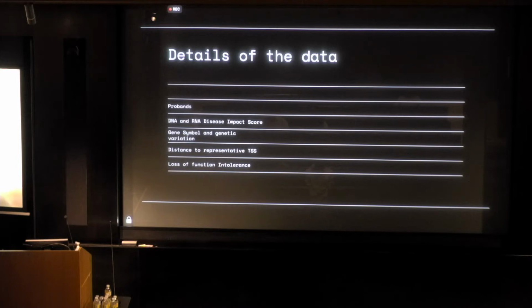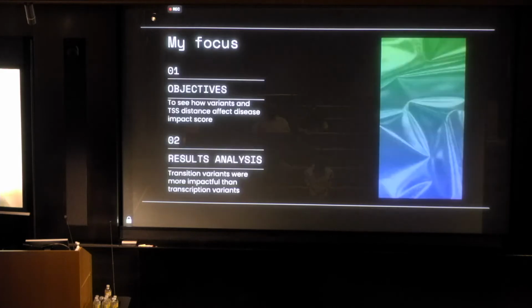TSS stands for transcription starting site, which is where the first nucleotide binds to RNA during DNA transcription. And then loss of function intolerance means the resistance that a gene has to losing its function once a mutation occurs. I also looked at that.